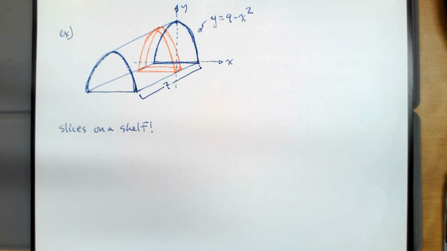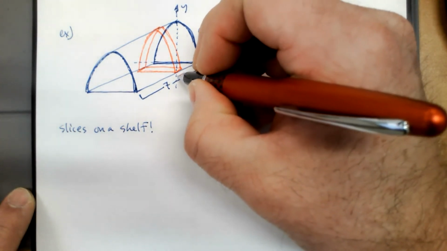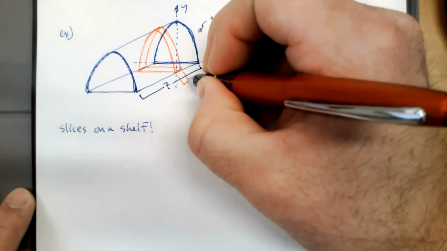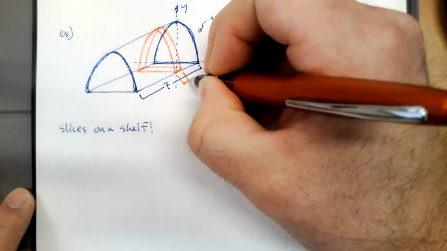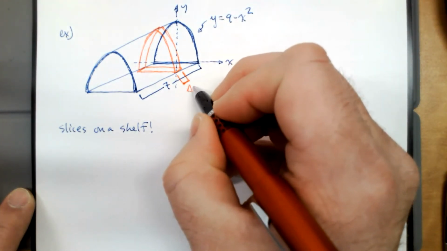Our delta variable will be here. It's not a delta x or a delta y, so I'm going to call it something else. Let's say delta h.